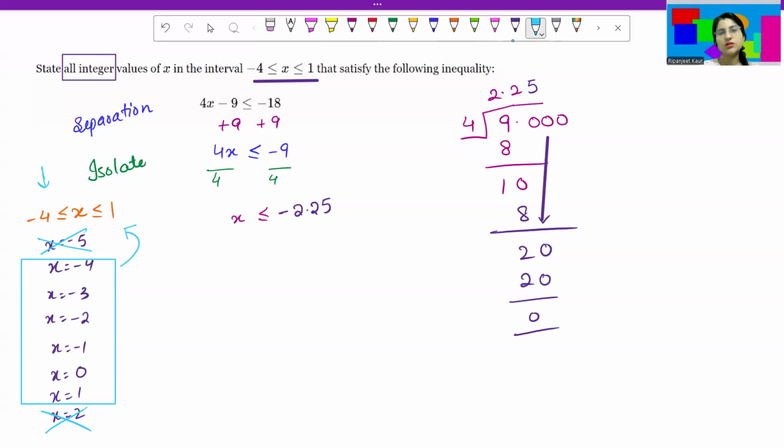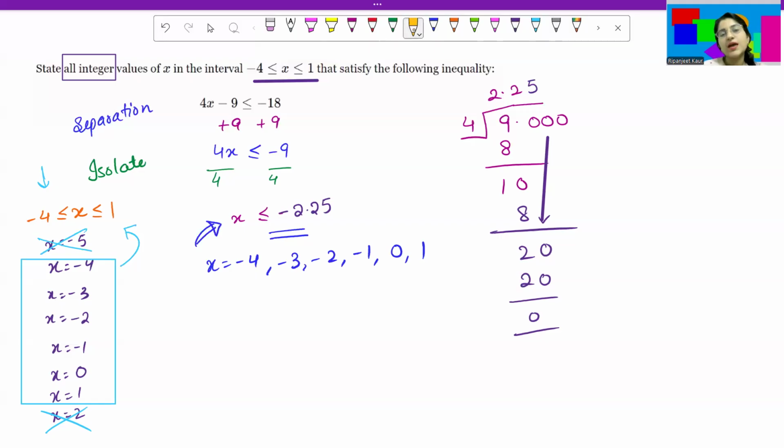Okay, we found some integer values that they were asking for. Now they are saying that all the x values should also be less than or equal to negative 2.25. So now we see in accordance with this that x equals negative 4, negative 3, negative 2, negative 1, 0 and 1, which out of them is satisfying this?